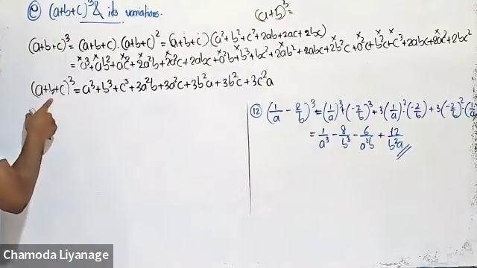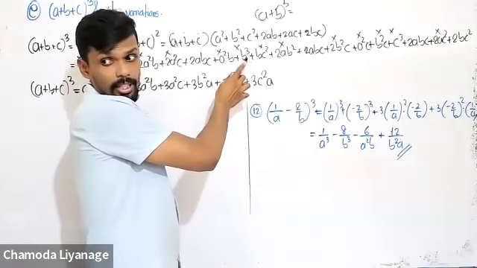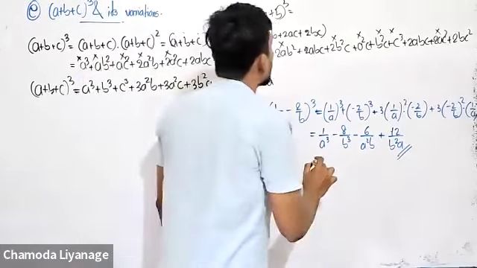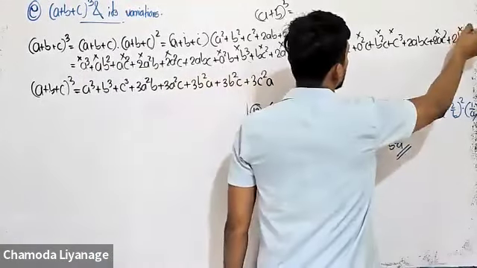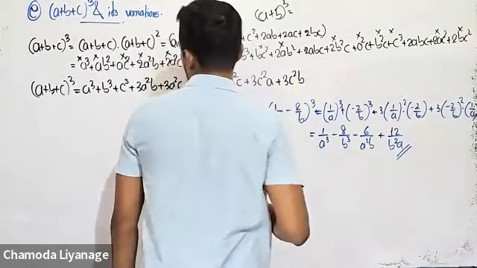After that, c squared into b. This one is c squared into b, this is bc squared, that is c squared into b, and another one, this one also c squared into b. So we have 3c squared into b.